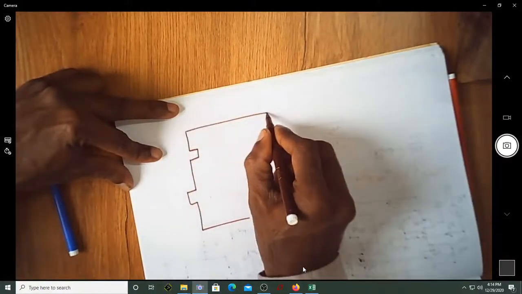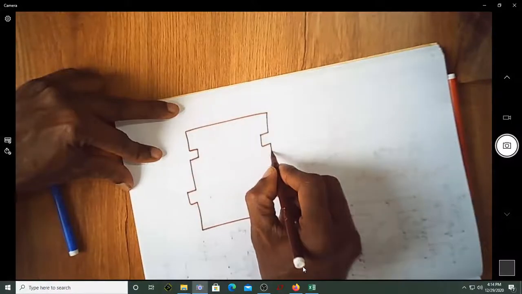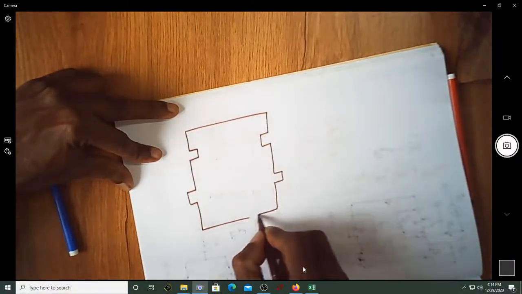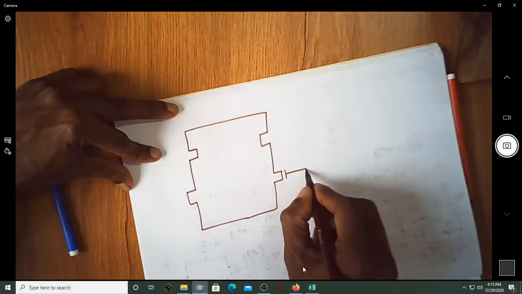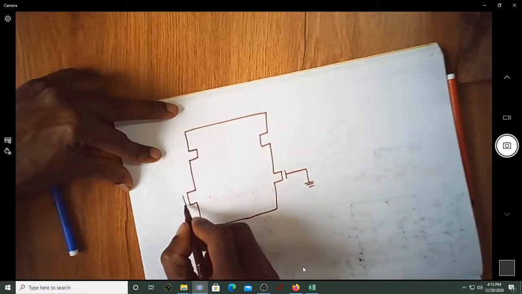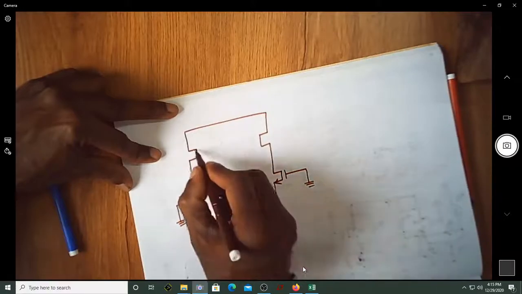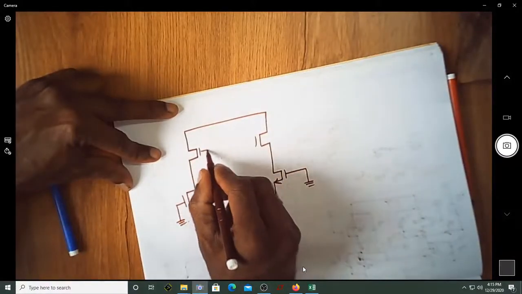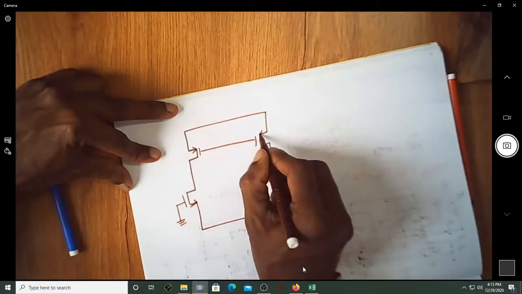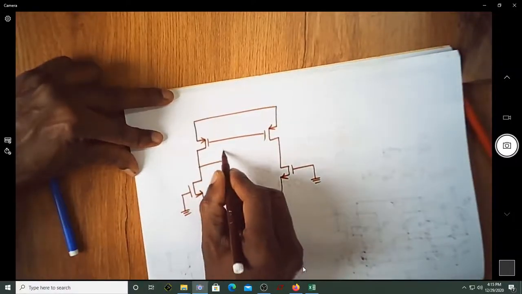It is not difficult to estimate the value of R02. This is now grounded, this is also grounded, this is NMOS, this is also NMOS, these are now PMOS transistors.